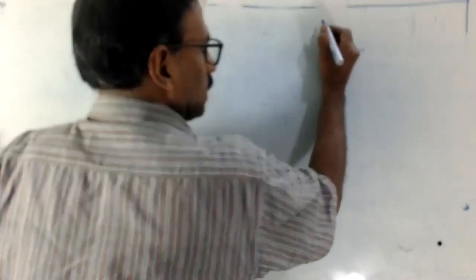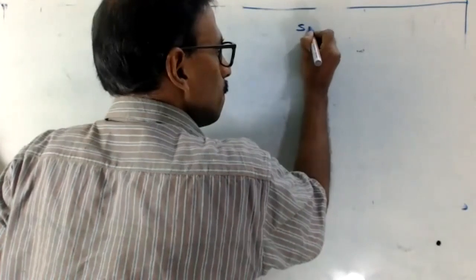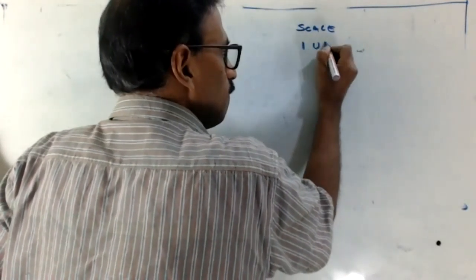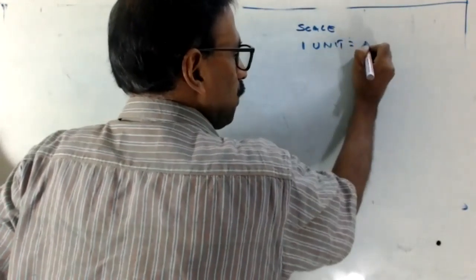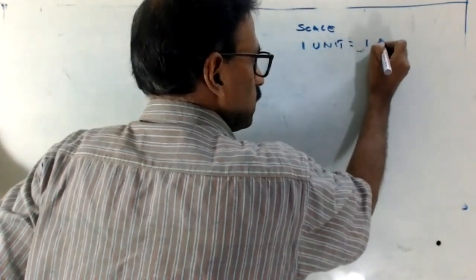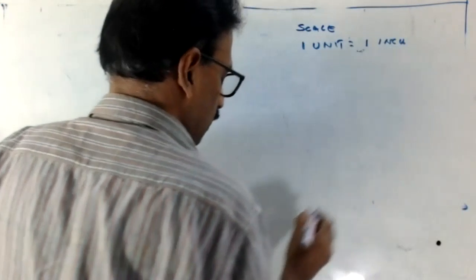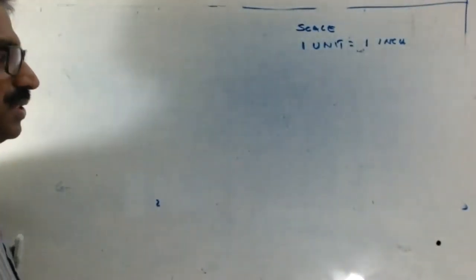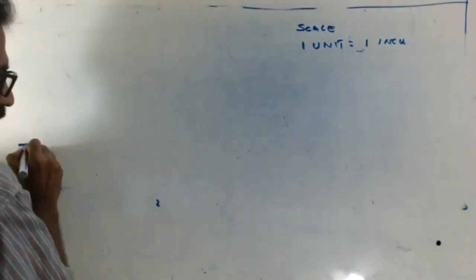That means you write here on the left side, scale: 1 unit equal to 1 inch. Then your decisions are a part of the calculations. Okay, 4 plus 4, keep it in your mind.